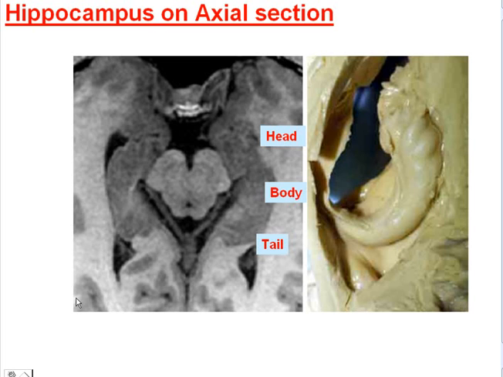And this is the hippocampal commissure. If you look at the MRI in axial planes, you can see nicely the head, body, and tail portions of the hippocampus, and anterior to the head, here is the uncus, and within the uncus there is the amygdala nucleus.